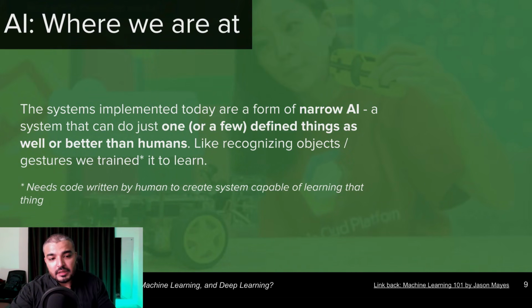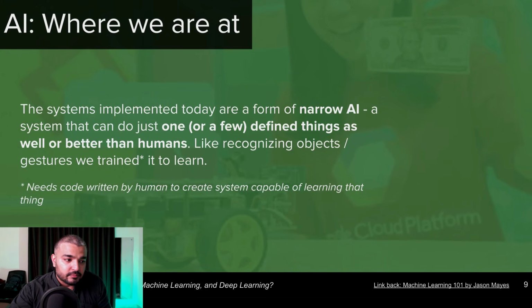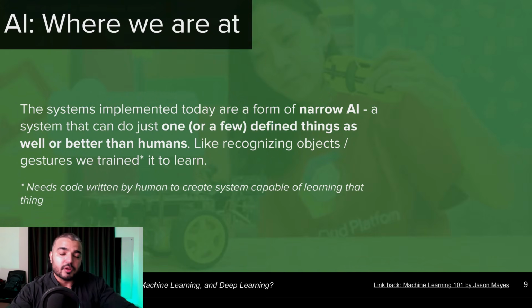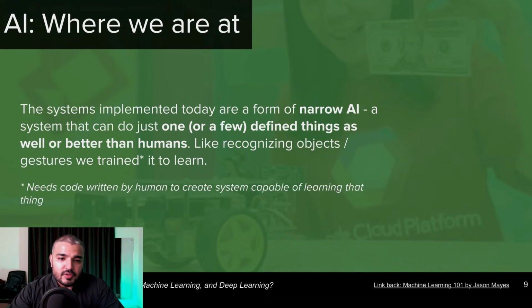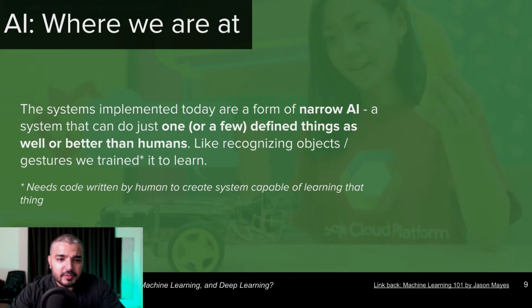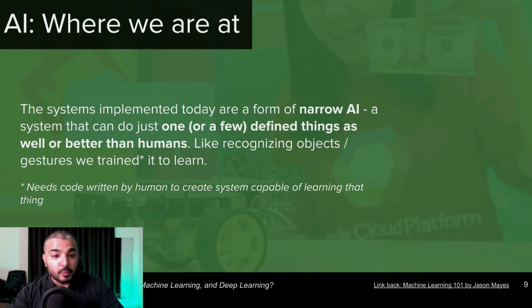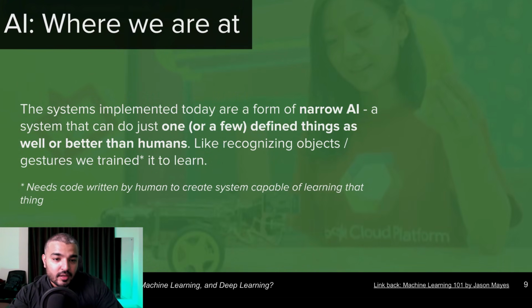So even in the world today, the ChatGPTs are again a micro application of a very broader term of the AI itself. As depicted here within the slides as well, it's a system that can do one or a few defined things as well as or better than humans.